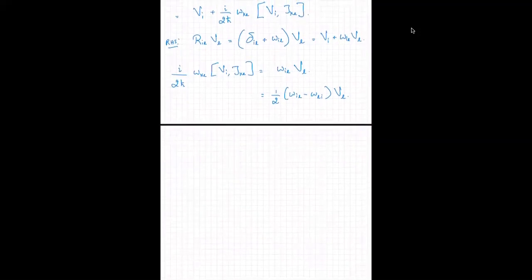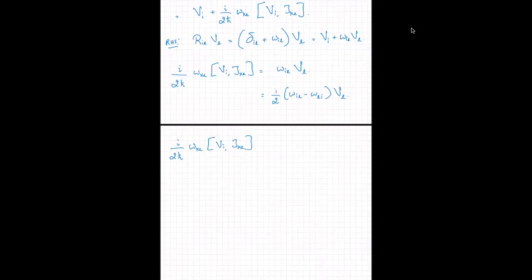The second step is I need to get the indices to match. So I will write this equation as omega_kl times V_i J_kl. By the way, my convention is always to put a hat on all the operators, which I've conveniently ignored in this calculation simply because there are too many operators and it's a little laborious.